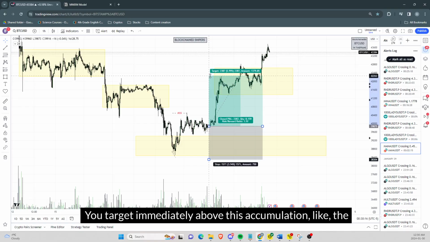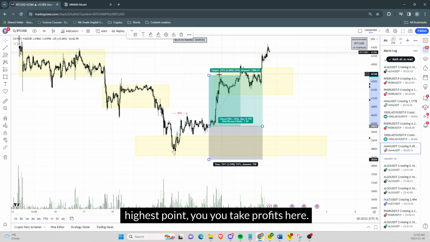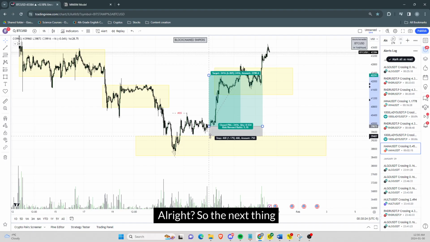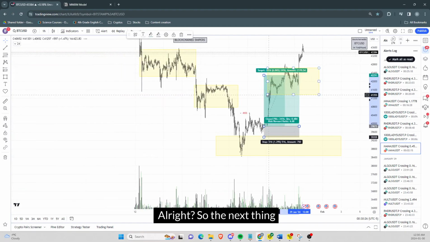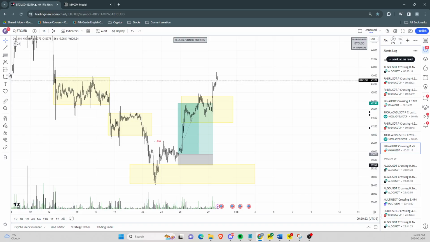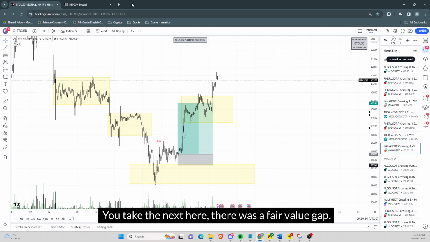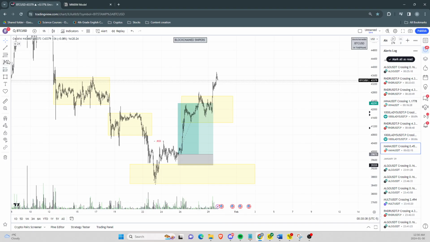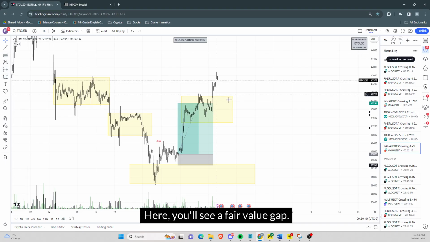You target immediately above this accumulation, like the highest point. You take profits here. All right. So the next thing, now that the accumulation has happened here, you take the next. Here there was a fair value gap, right? Here you'll see a fair value gap.